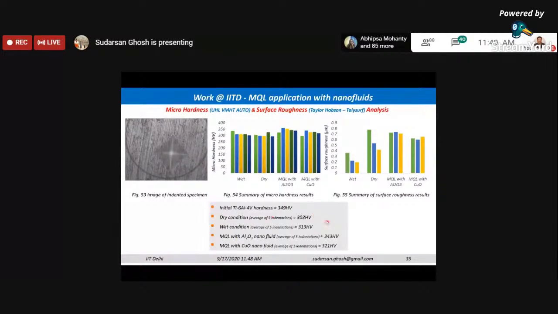In wet condition, the hardness is a little bit more than what we have observed in dry condition, which indirectly indicates that in wet condition the temperature was comparatively lower. But when it comes to the nanofluid, you see the hardness values after the grinding process are considerably high, which means that these aluminum nanofluids have been able to effectively control the temperature.